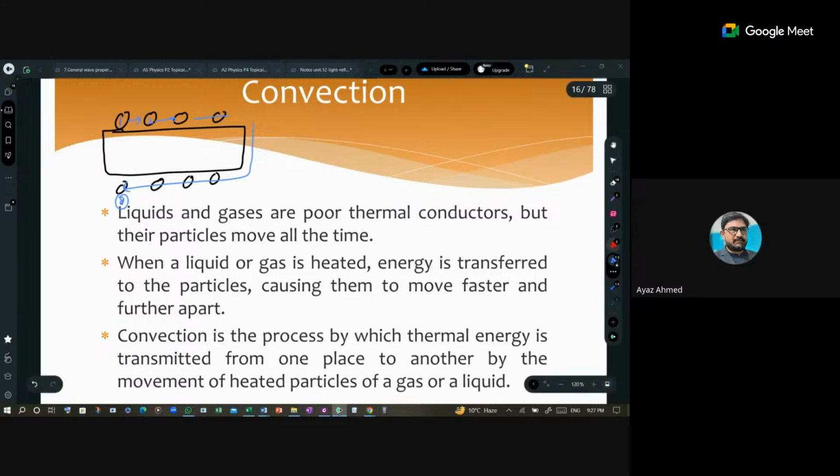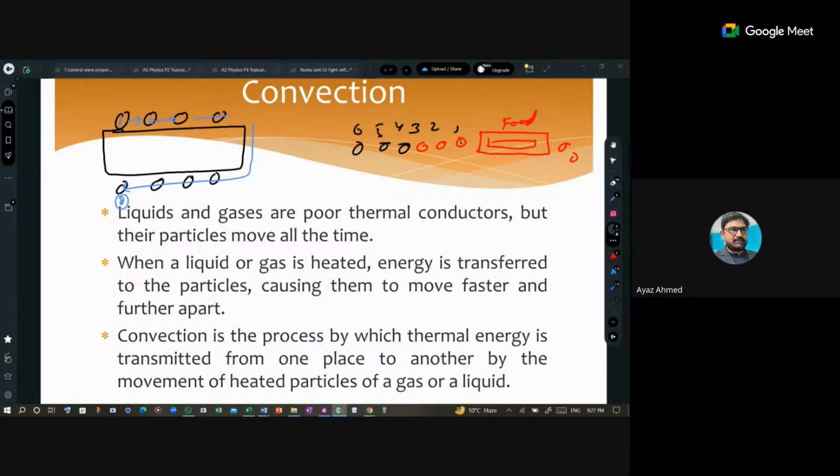But if there is a setup in which food is placed over here, and these are the people, 1 2 3 4 5 and 6, then if one is taking food from here and he moves to the table, then it is the turn of second, then he takes the food and turns to the table, third, fourth, fifth, sixth, and seventh.